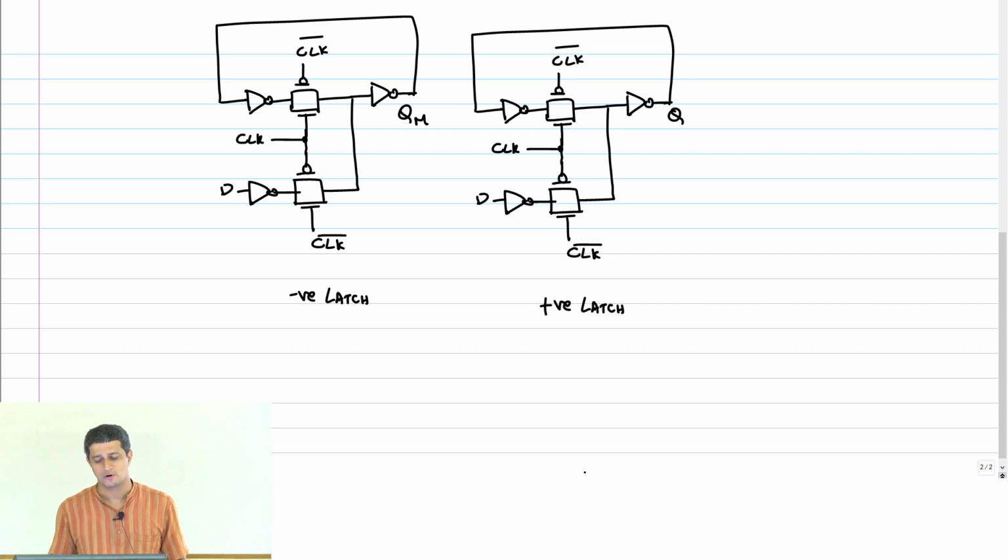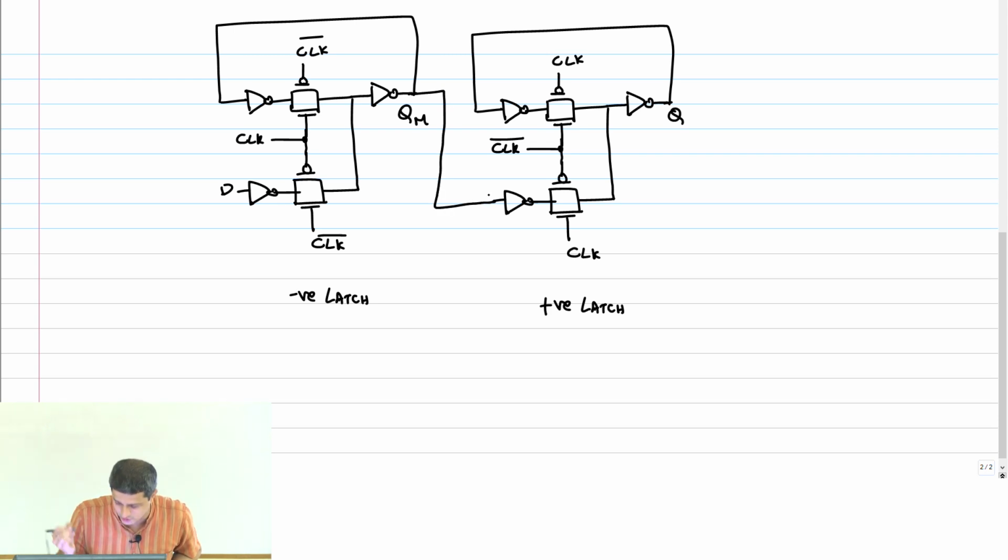So what are the changes I have to make here? Clock and clock bar: this will become clock bar, this will become clock. And where should QM go? It should basically go to the D connection here. Remember that you can do this wired OR only at the output of a transmission gate. Clear?